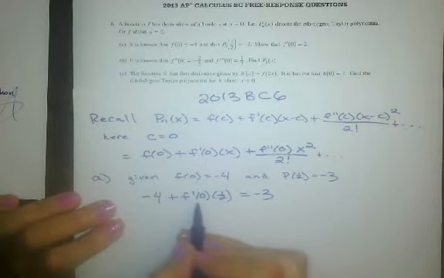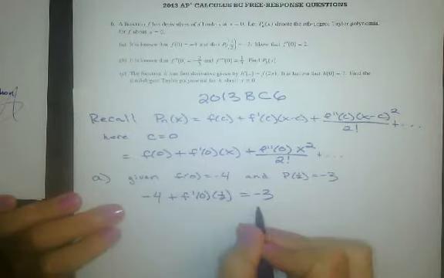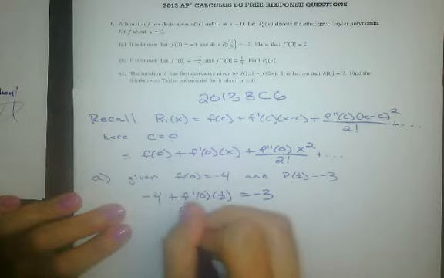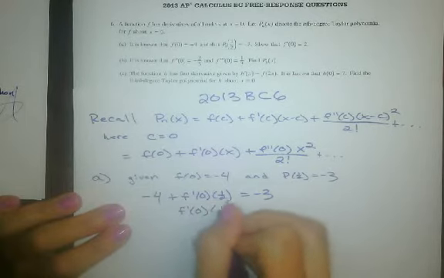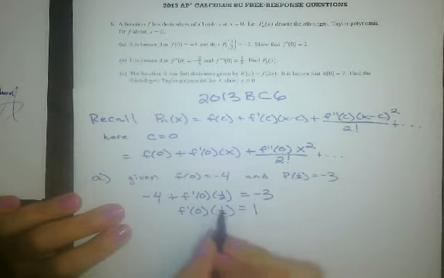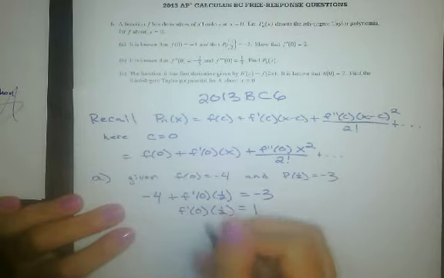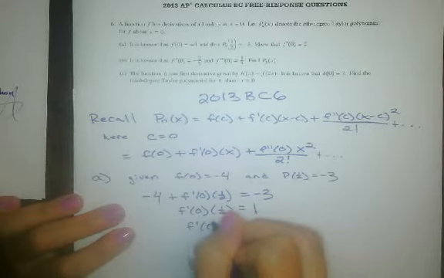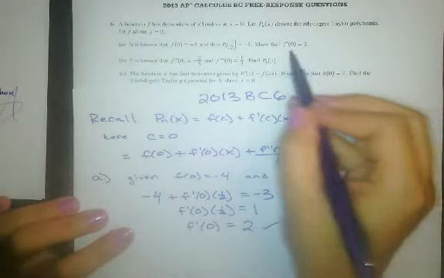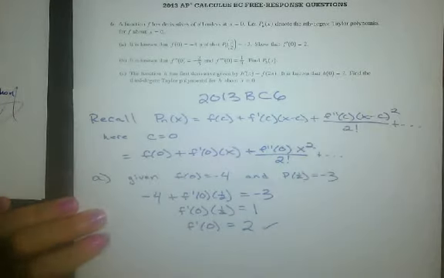I need to add 4 to both sides, so the derivative at 0 times 1/2 equals 1. Now I need to undo this 1/2, so multiply both sides by 2. So we have f prime of 0 equals 2. You could put a little check mark there, since we did just verify that piece.